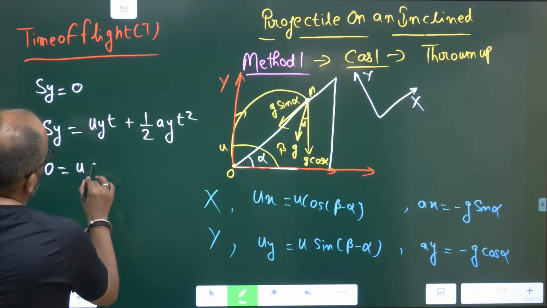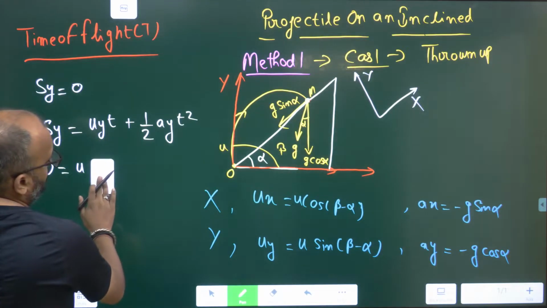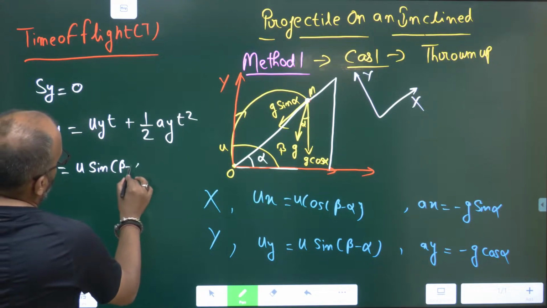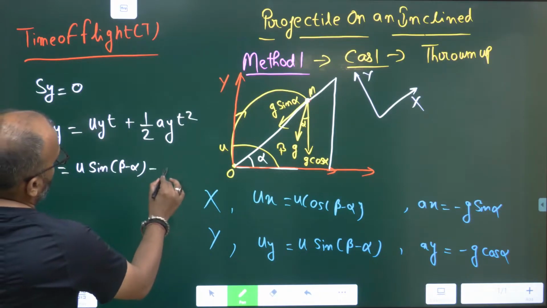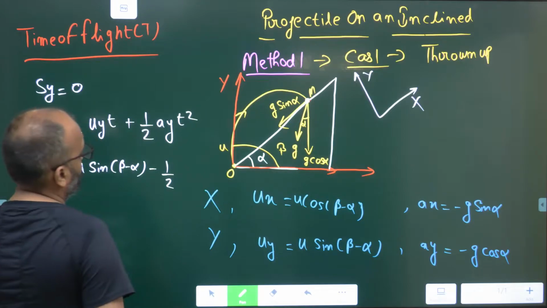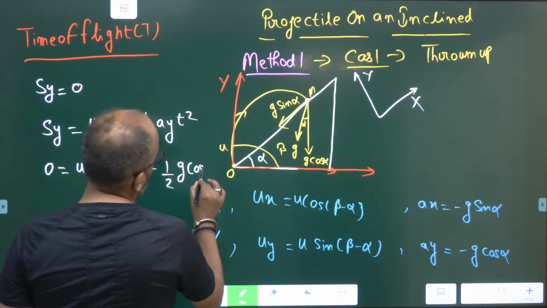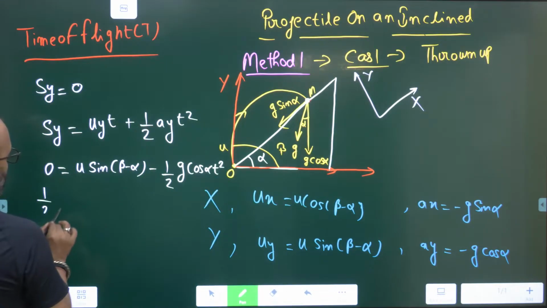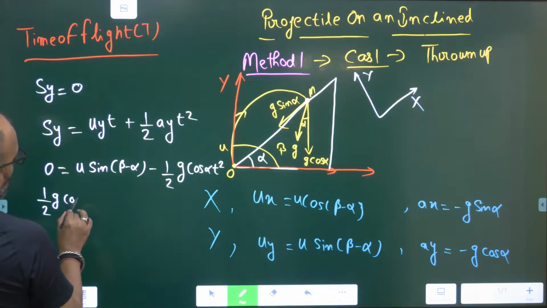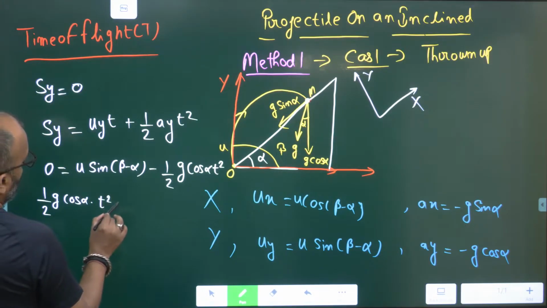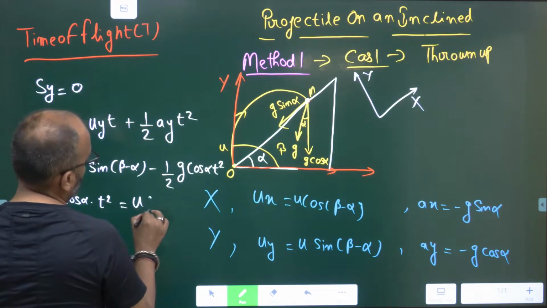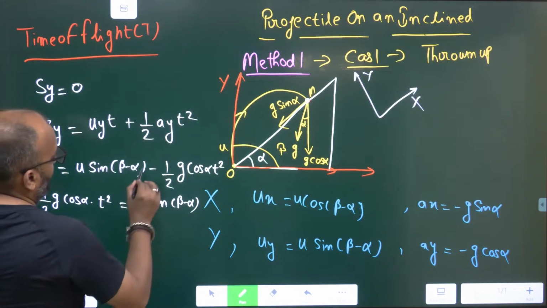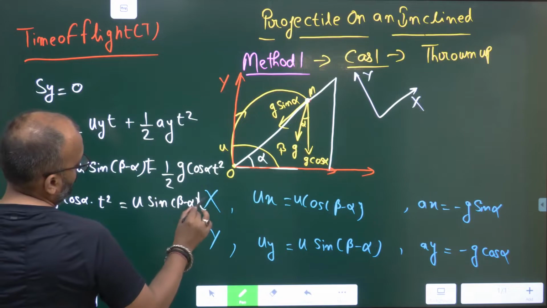It is u sine beta minus alpha. This will become minus half g cos alpha t square. Bring it to this side. So 1 upon 2 g cos alpha into t square is equal to u sine beta minus alpha into t. And t. Yeah, t was also there.